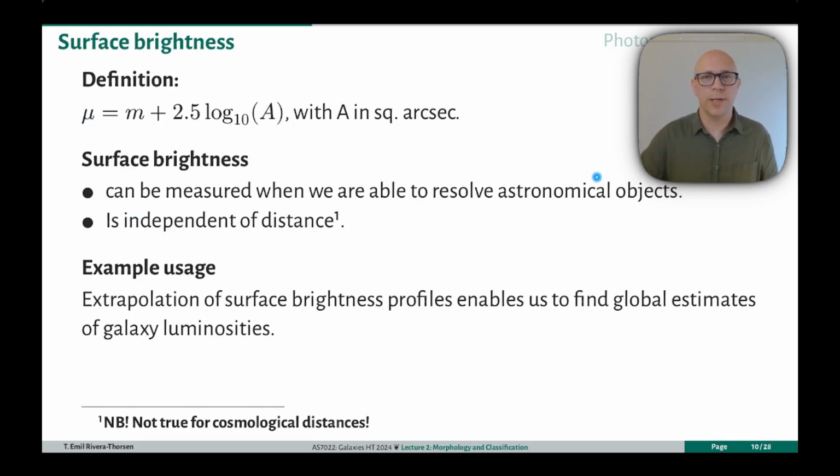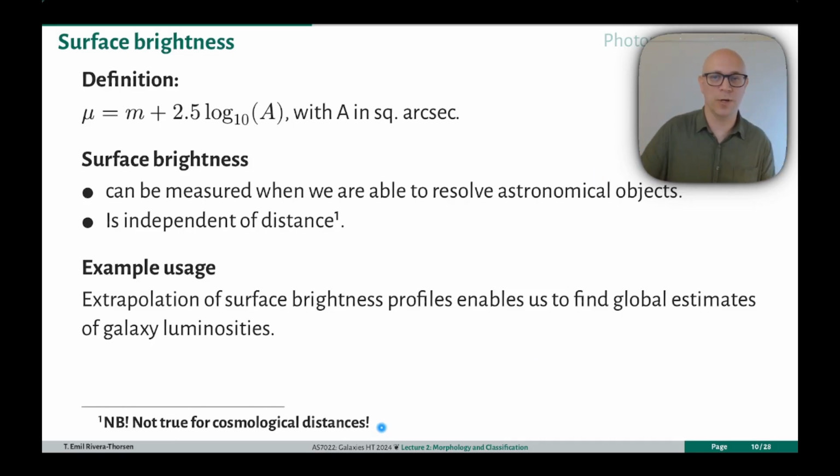Surface brightness can be measured when we are able to resolve astronomical objects, which we cannot do obviously with stars, but we can do with many galaxies. And surface brightness, which is an important thing to note, is independent of distance, which is almost true, but only almost true.